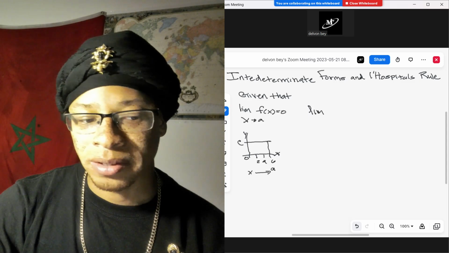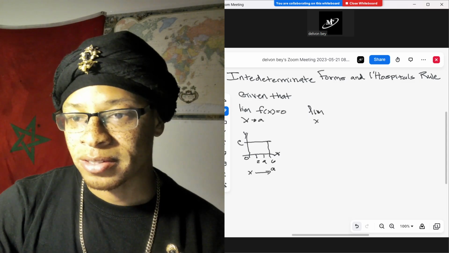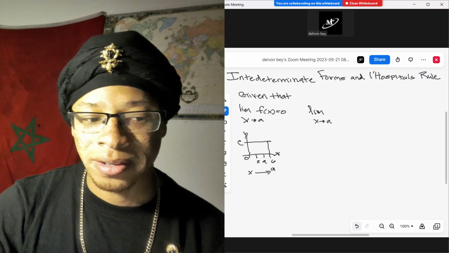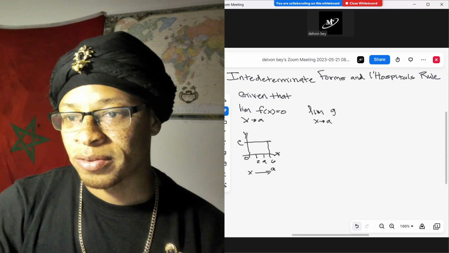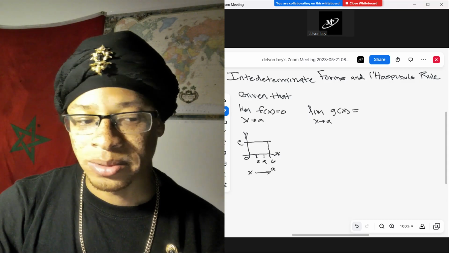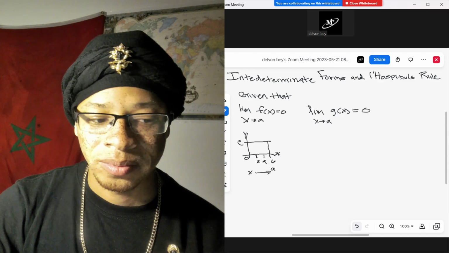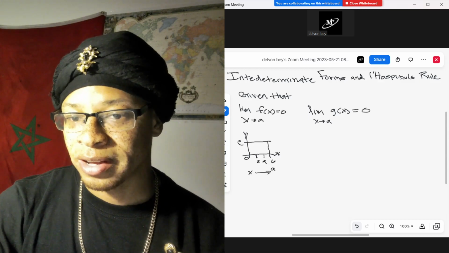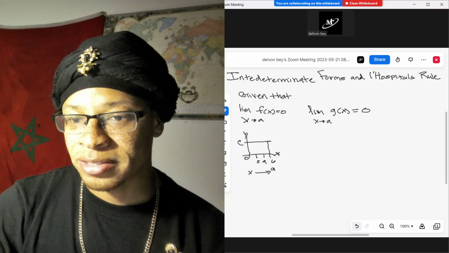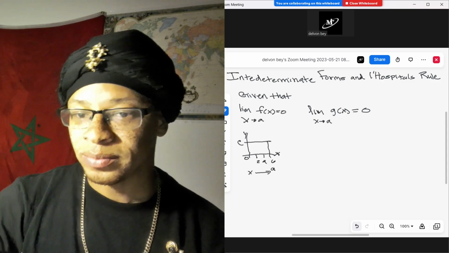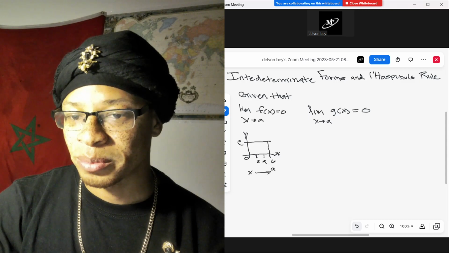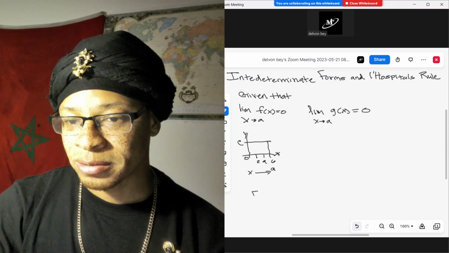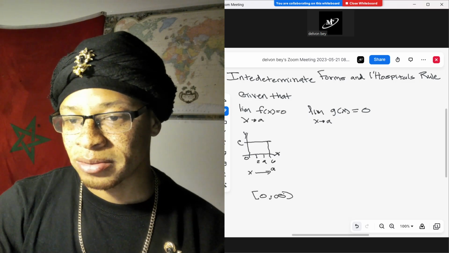The limit as x approaches a for the function g of x equals 0. So as x approaches a along the x-axis, this domain is all positive numbers, basically 0 to positive infinity.